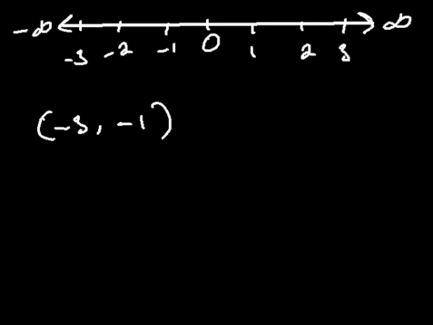As you can see, the interval starts from -3 and goes to -1, but both are not part of the interval. This is what we call the interval notation. And how should you express this in inequality notation?